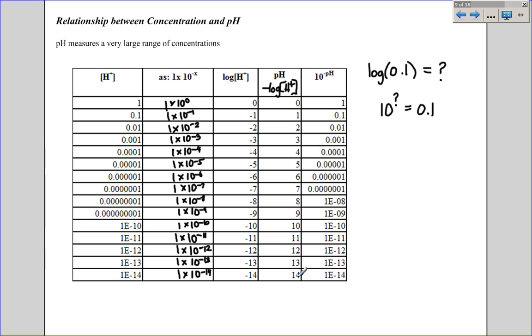So like I said before, the pH is giving us the power of the hydrogen ion. So it's giving us an indication of the concentration of the hydrogen ions in solution. Now the reason that we study this on a pH scale, a logarithmic scale, is because we can study a really wide range of concentrations on a very simple 14-point scale.